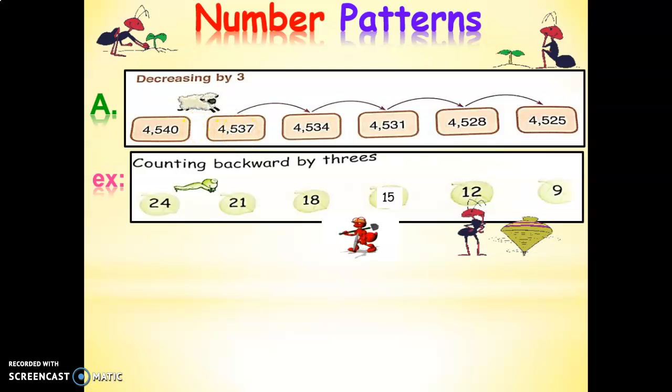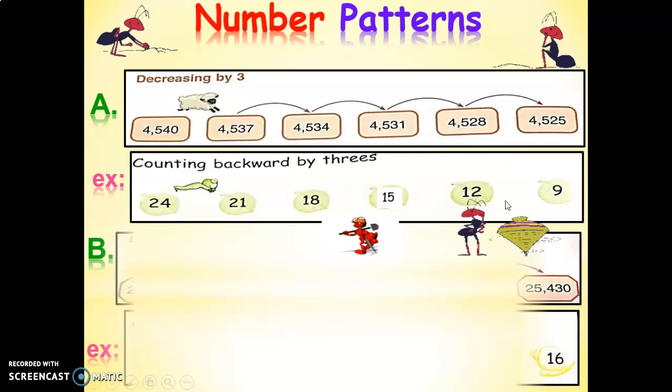Again, counting backward by 3s will now give you 4,534. Minus 3 gives us 4,531. Again, counting backward by 3s now gives us 4,528. And the last answer is now 4,525. Another example for counting backward by 3s: we have 24, 21, 18, 15, 12, and 9.